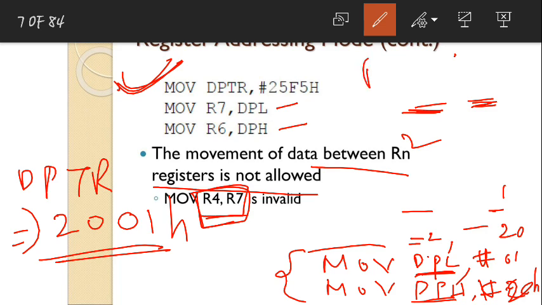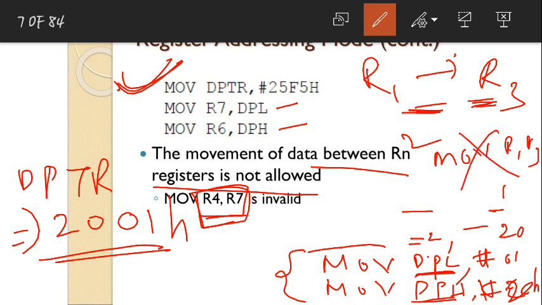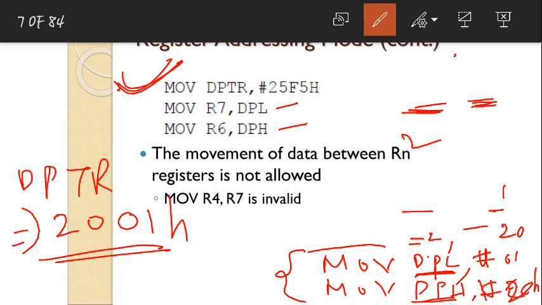If you want to move the data from R1 to R3, you can't write MOV R1, R3. This is wrong. Instead what you can write is MOV A, R1.